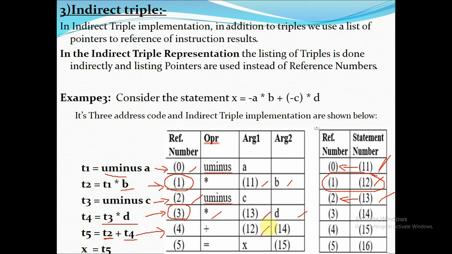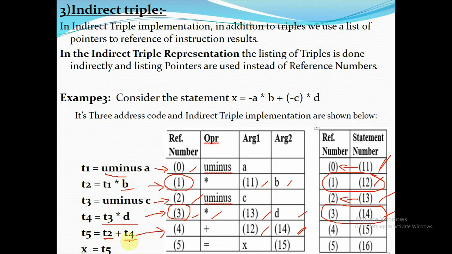Similarly T4, which means the previous row's result. Its reference number is 3. What is the indirect address of reference number 3? 14. So here I should use 14. I am referencing the previous row's result in an indirect way, whose statement number is 14.